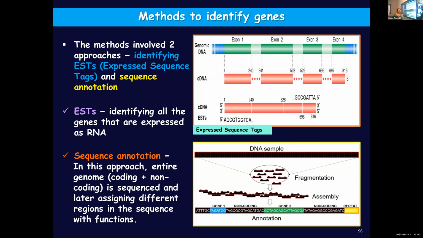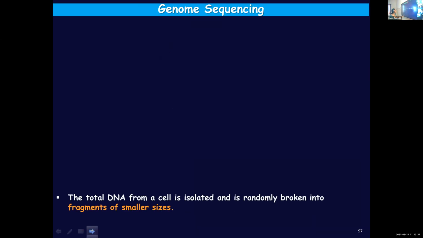One was expressed sequence tags, where they concentrated on sequencing only those genes which get expressed as RNA, which get transcribed as RNA. Later, they will get translated into proteins. Whereas in the second approach, you call it sequence annotation, where irrespective of coding and non-coding, the entire genome is sequenced and different regions were assigned functions.